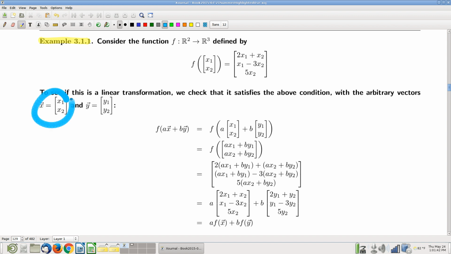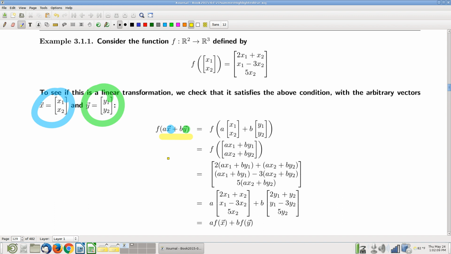Suppose we have a vector x and a vector y. I'm going to consider here an arbitrary linear combination of these vectors x and y. By the way, notice I didn't say 1, 2, and 5, 7. These are arbitrary vectors; these could be any x, any y in the domain.